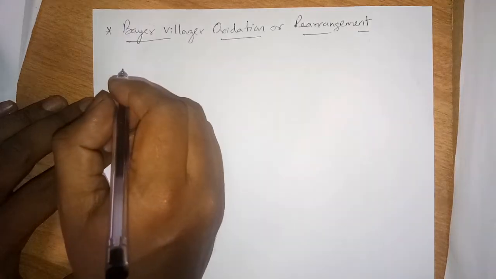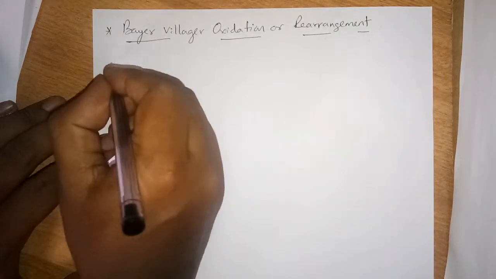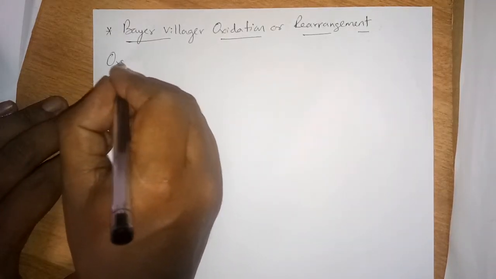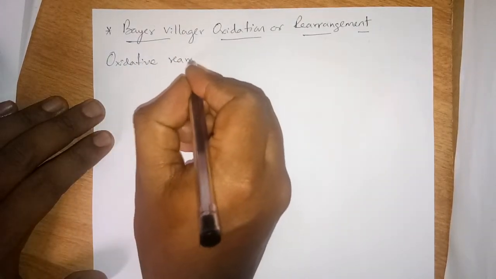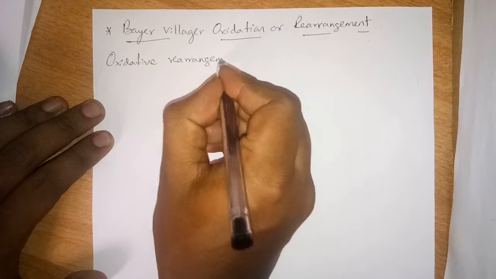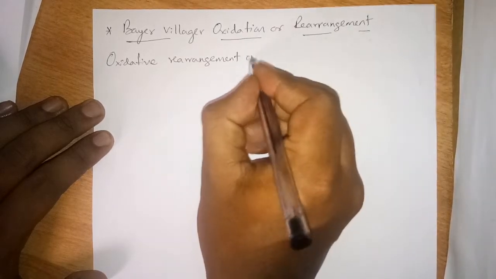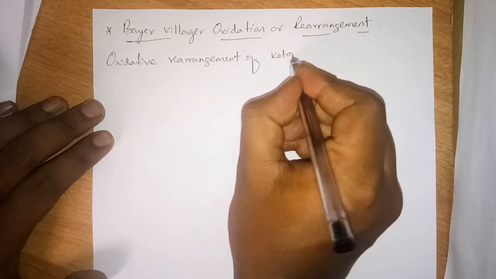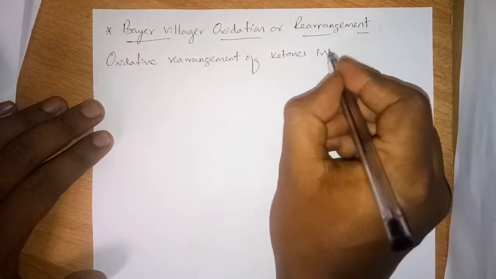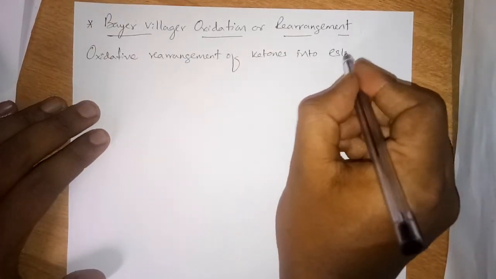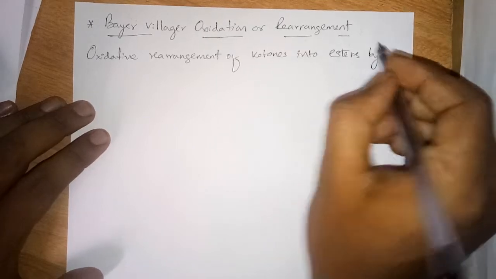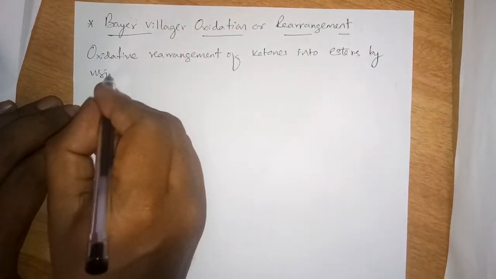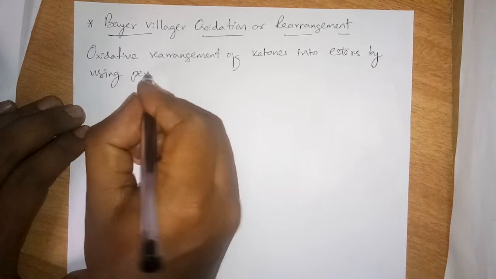In this reaction, it is an oxidative rearrangement of ketones into esters by using peracids.